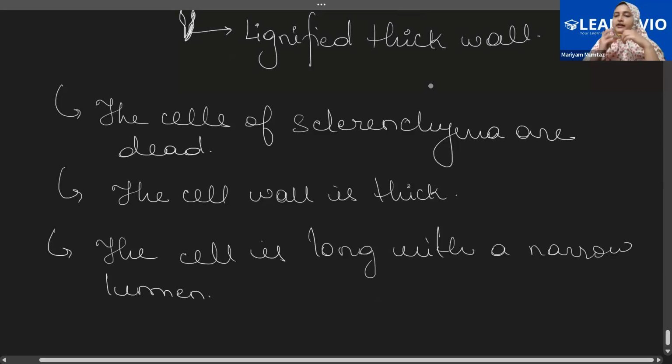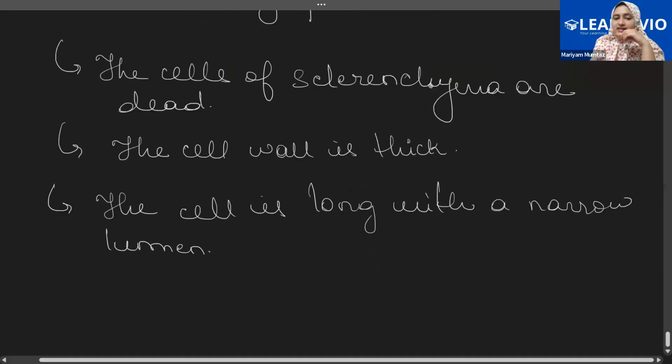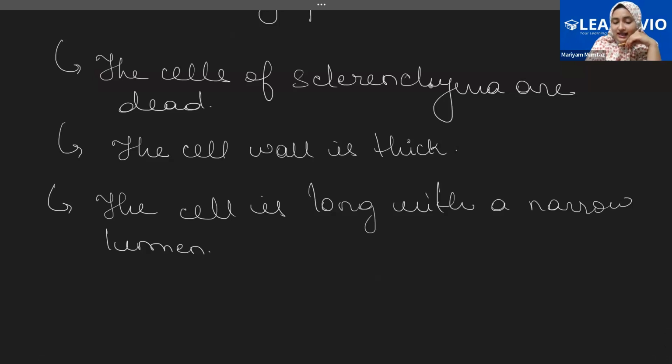For example, if this is a rod and you cut it in the middle, and now you look at it here, like when you crack open an egg and these are the two parts of the egg, when you look at them, you see the whole circular part. That is the lumen. Lumen means when you cut something and look inside it, the hollow space is the lumen. So the cell of the sclerenchyma is long and has a narrow lumen.